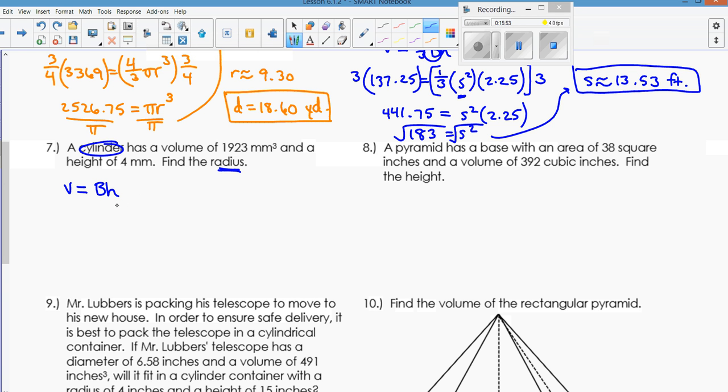It's not a pyramid, it's not a cone. Right. I know the volume is 1923, which equals the area of my base. If it's a cylinder, it's a circle, so the area of my base would be pi r squared, and the height of my figure is 4. Okay, so I want to undo all this. So the first thing I'm going to do is divide by 4.